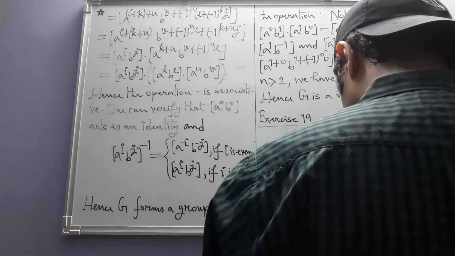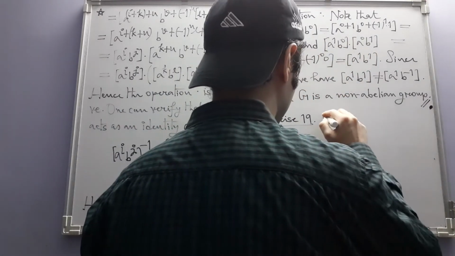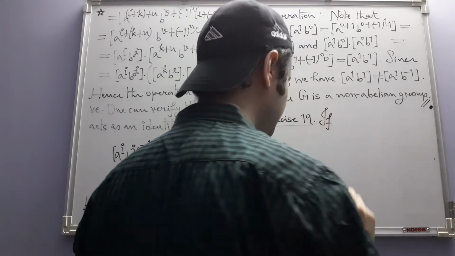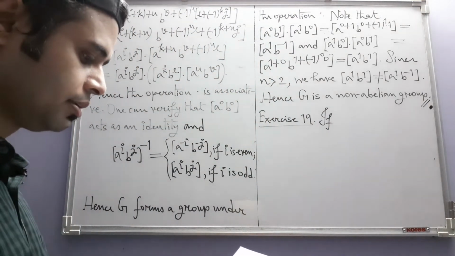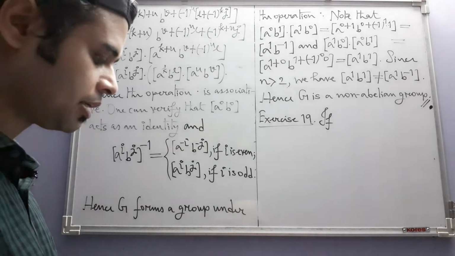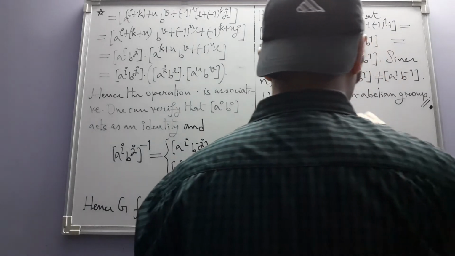So let's see how this exercise is stated. We don't even need full group structure in the set for this to happen. We only need the associative operation and the fact that the set is closed. That is enough.